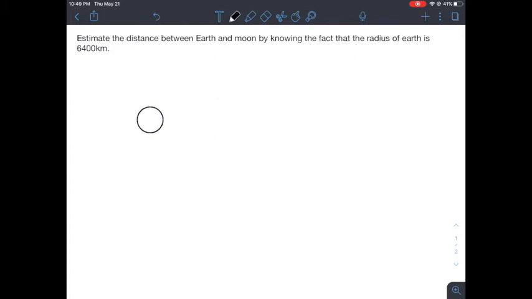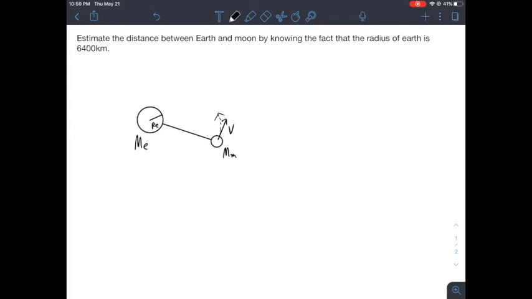So welcome back guys. First, let's lay out a little diagram. We have Earth, with a mass of M_E and radius R_E, and then we have a Moon, a little smaller, orbiting around the Earth, with a mass of M_M and a velocity of V, traveling through a curved trajectory.